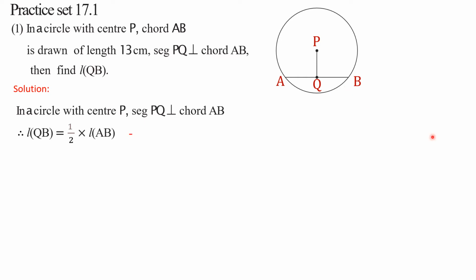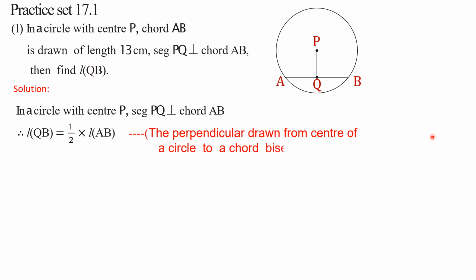So write down the reason. The perpendicular drawn from the center of a circle to the chord bisects the chord. Now substitute the value of AB.